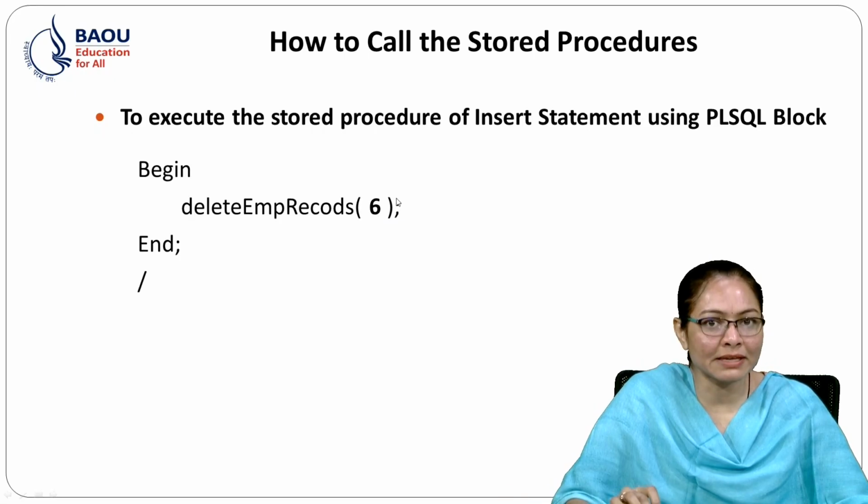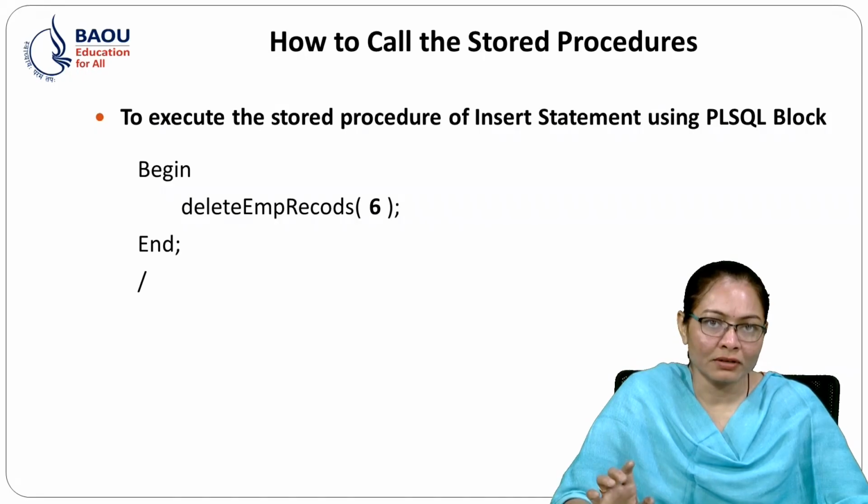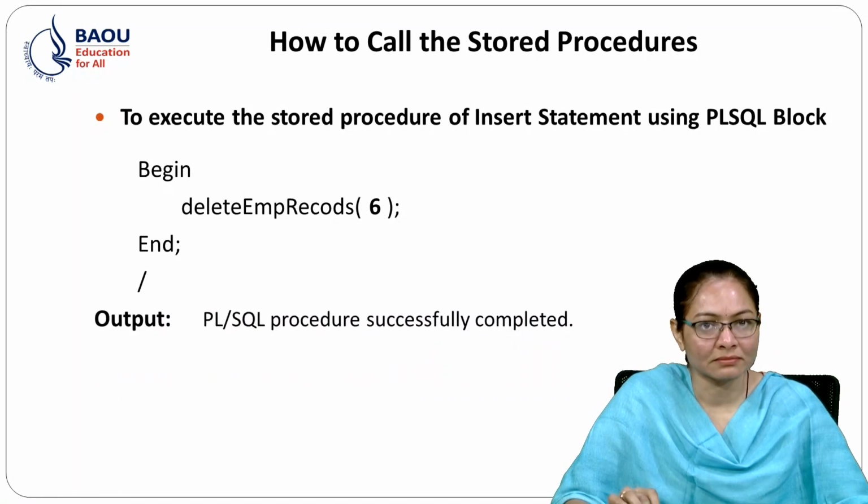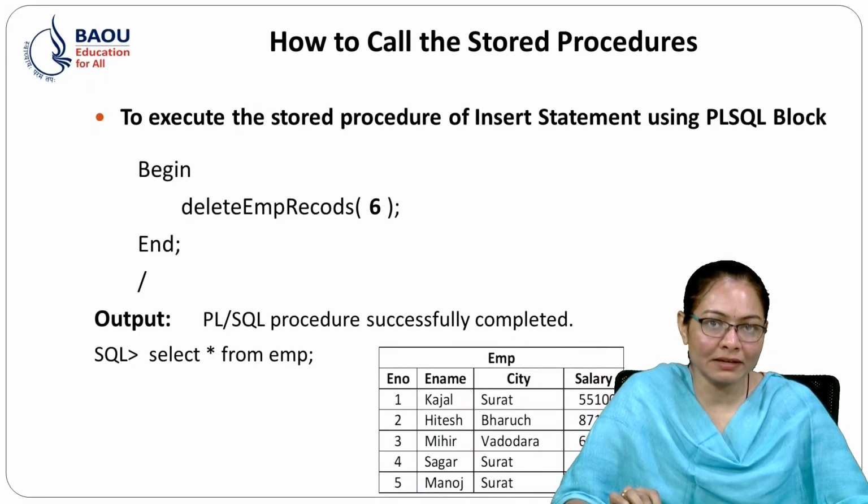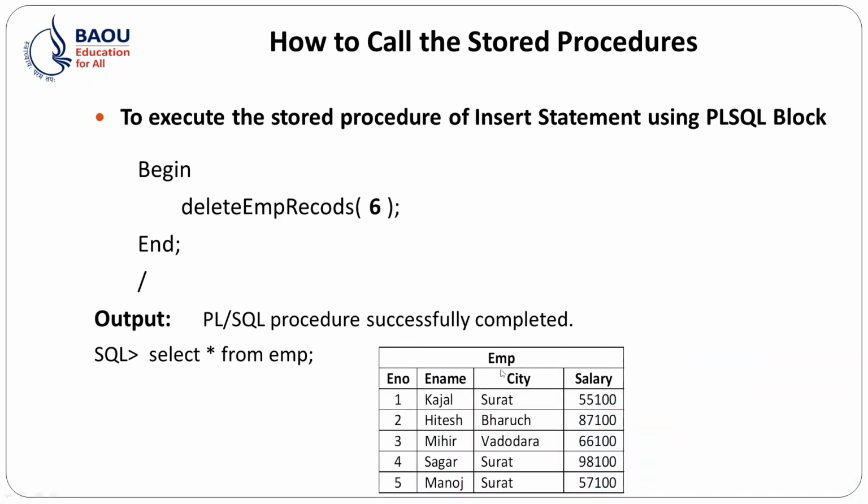Here the number 6 is the value which is passed in the procedure, which accepts the value by the EN variable and matches the EN variable value with the employee number column in the employee table. Using this, we can delete the record from the table. Now the output is PL/SQL successfully completed, and using the select command we can check the output, like the record number 6 is deleted.